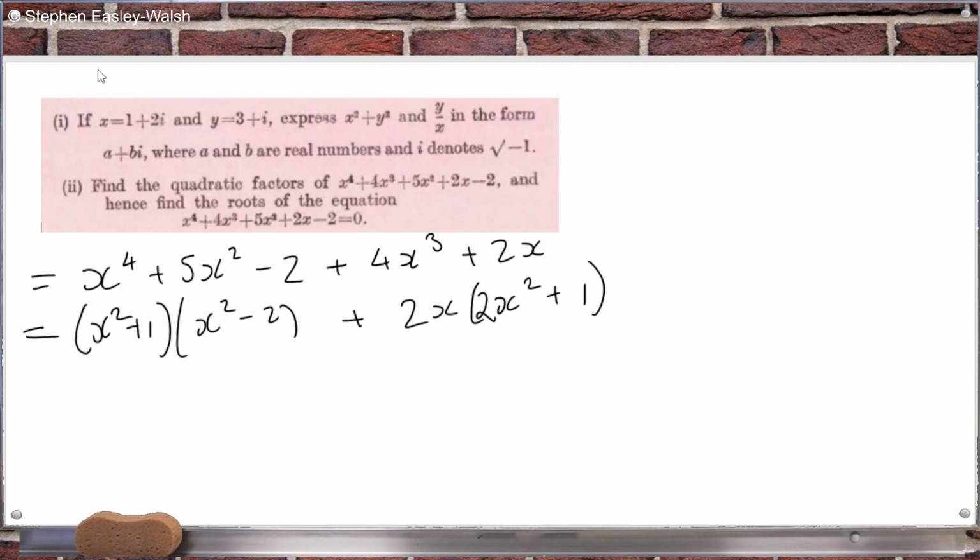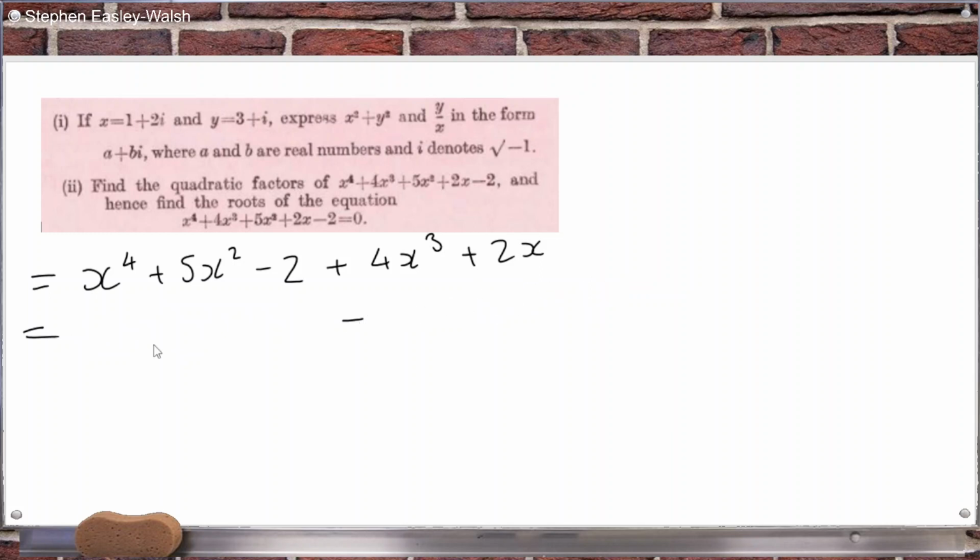So maybe this doesn't quite work this time. Oh, no, does it not work? x4 plus 5x squared minus 2 plus 4x cubed.